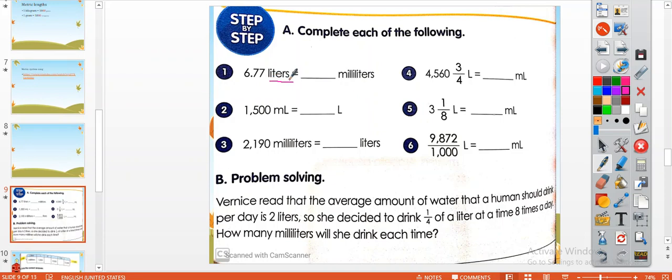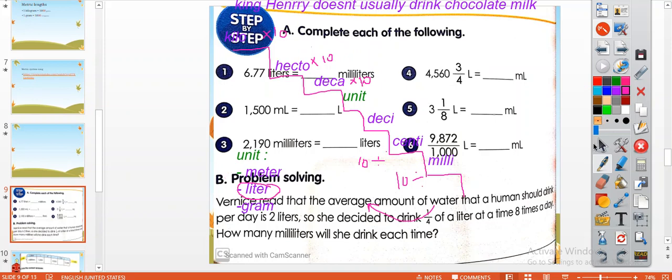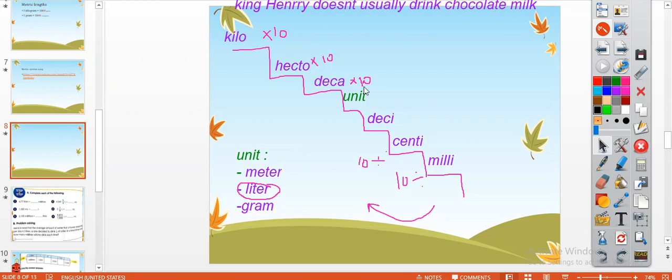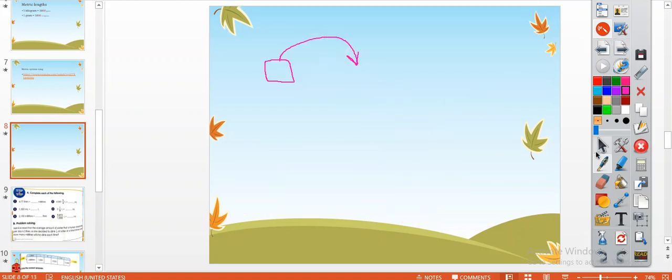First point, I'm going to multiply because I'm converting from a big unit to a small unit, and as you can see in the chart, you have to multiply whenever you go down from liter to milliliters. There are 3 steps. 1, 2, 3. So multiply by 1,000. Then go back to our lesson, here we go.